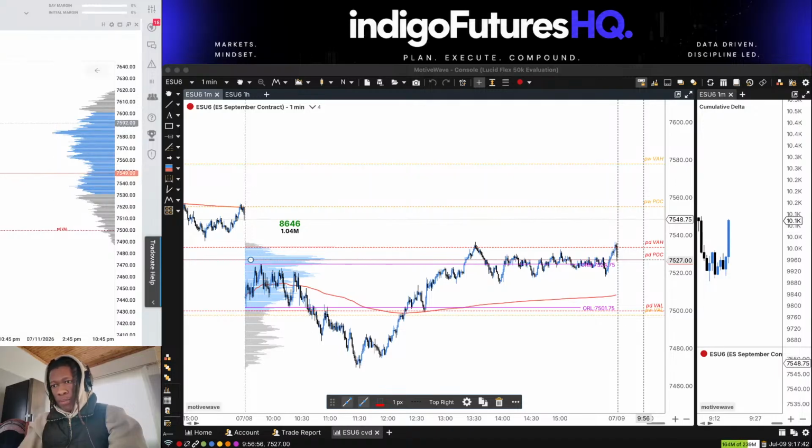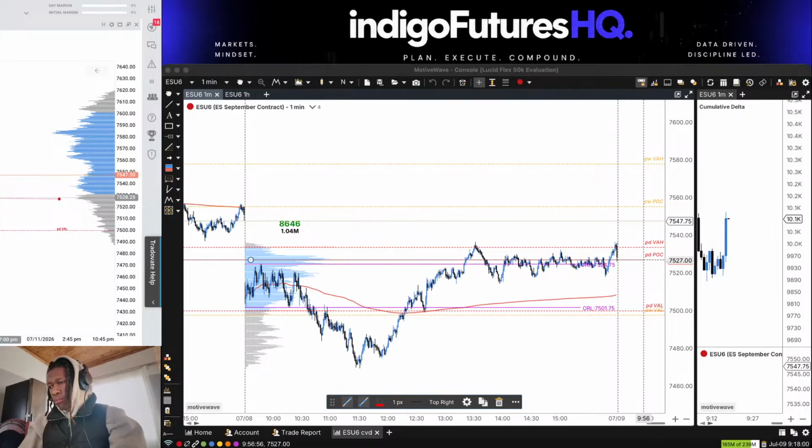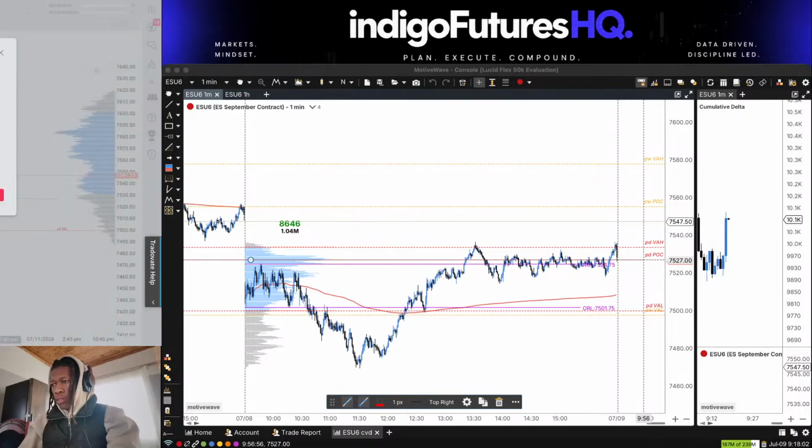But otherwise, it's just a platform, and it moves a lot smoother than Trading View. It's been moving a lot smoother than Trading View.